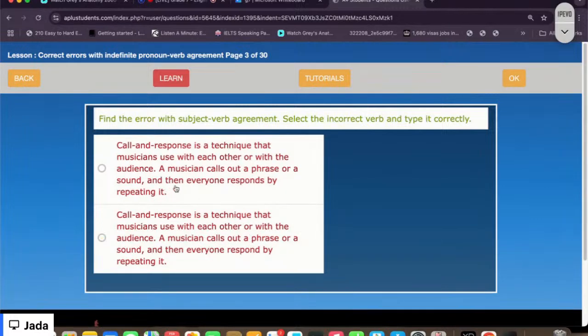All right. So we have call and response is a technique that musicians use with each other or with the audience. A musician calls out a phrase or a sound and then everyone responds by repeating it. So we have each here, and then let's look for the verb.